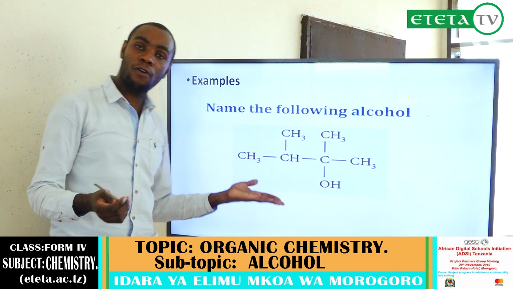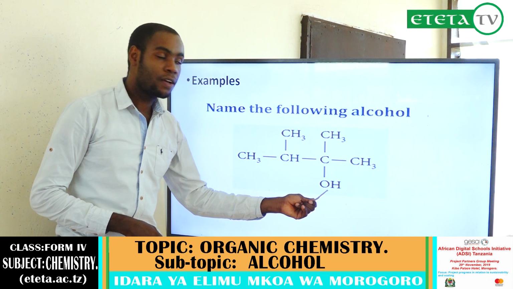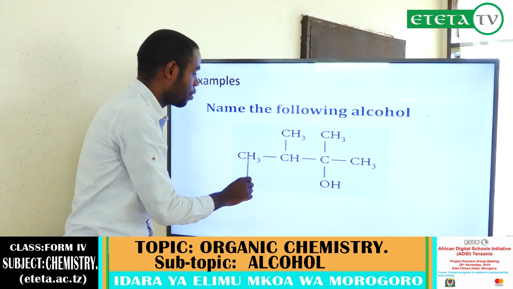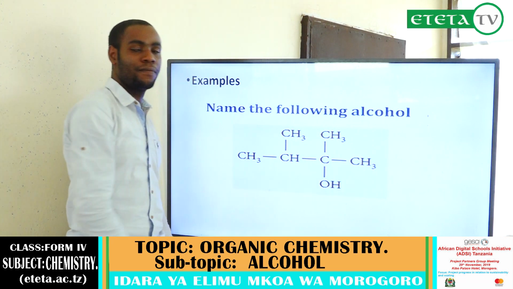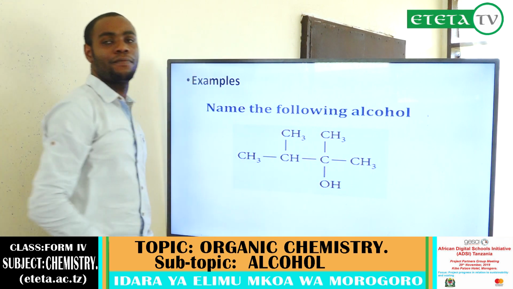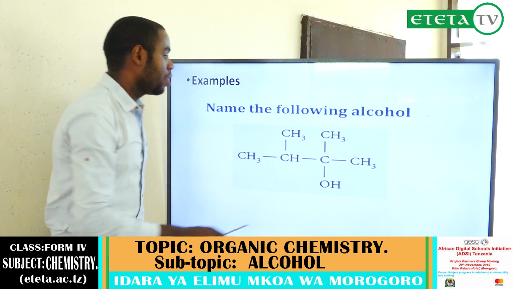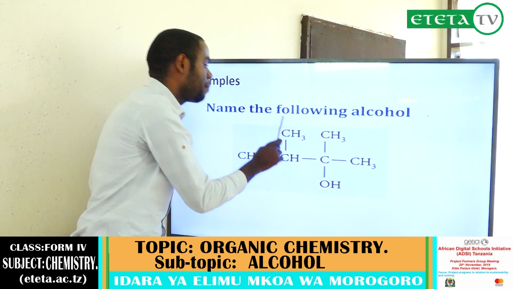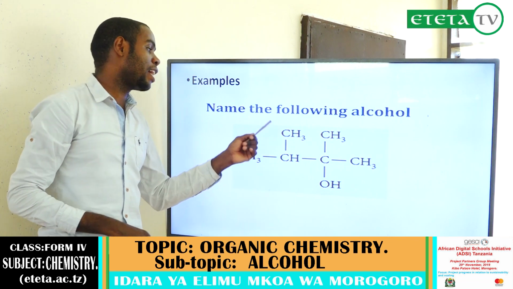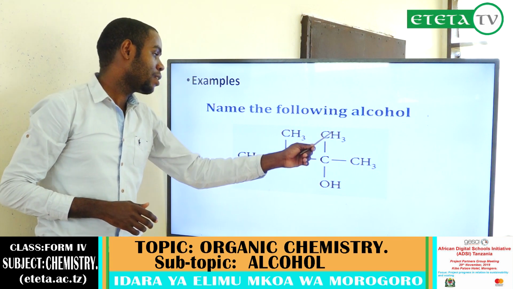As I said, the first rule is to identify the longest chain, and the longest chain must include the OH group. For that case, we start with this one: 1, 2, 3, 4, the first option. The second: 1, 2, 3, 4. The third: 1, 2, 3. So the first option and the second option are acceptable, but the third option contains fewer carbons: 3, while the others have 4.